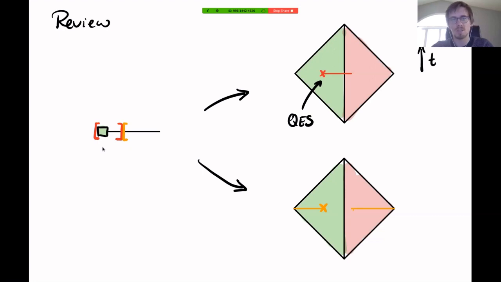We're considering a quantum mechanical system that could be an SYK model, and is symbolized here by this small green box, which is dual to some gravitational space-time, which on the right here is shown as this green triangle. On the right, time runs upwards, and on the left, I've suppressed time, so this should be thought of as a time slice.